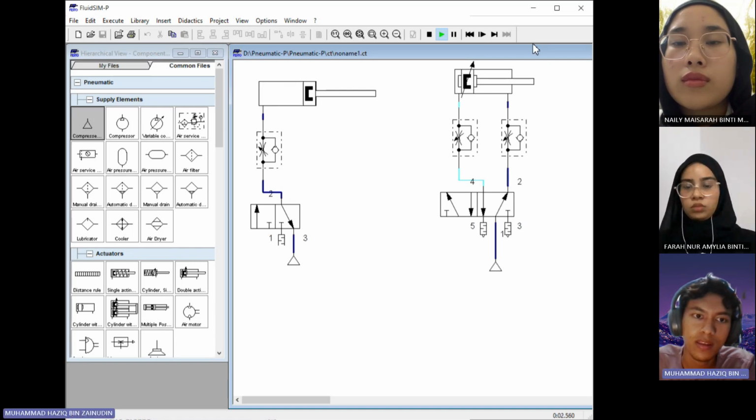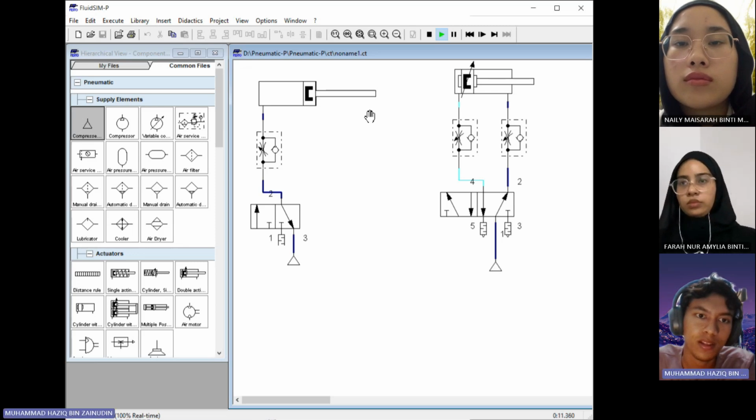Okay, now we can see the compressor shows the valve moving in the actuators.